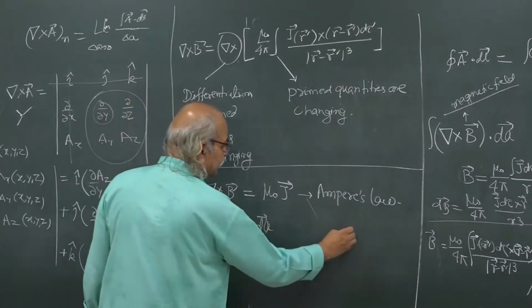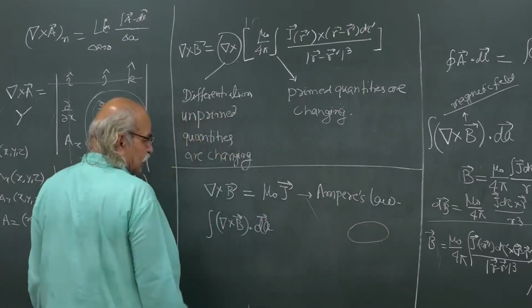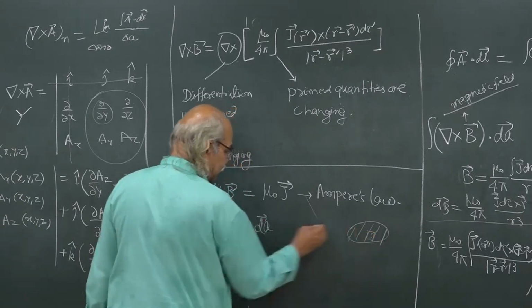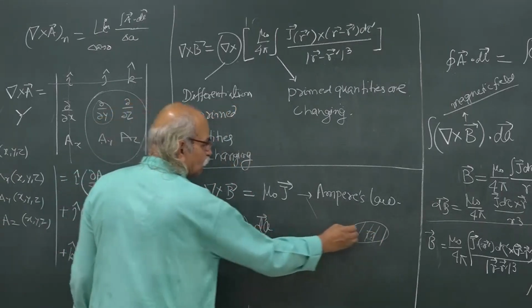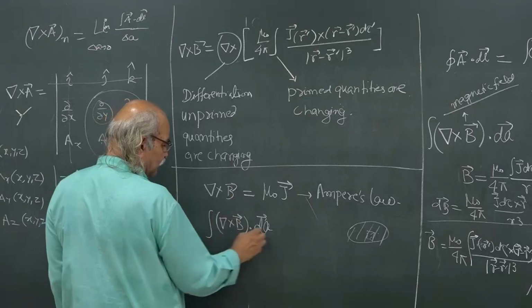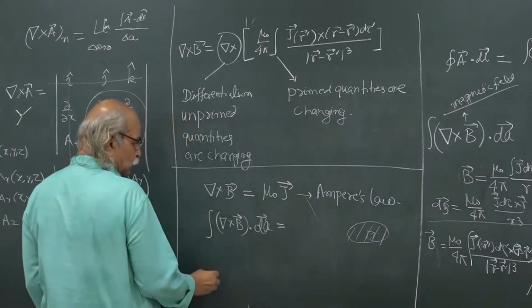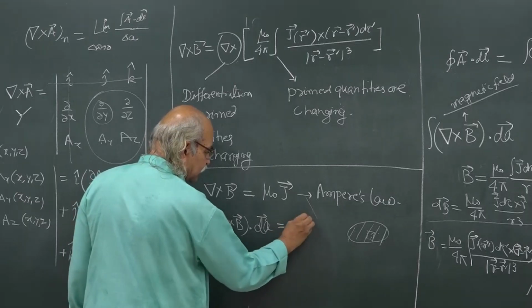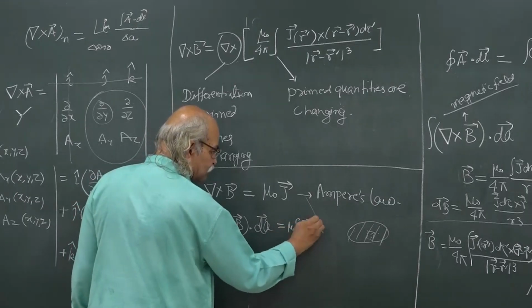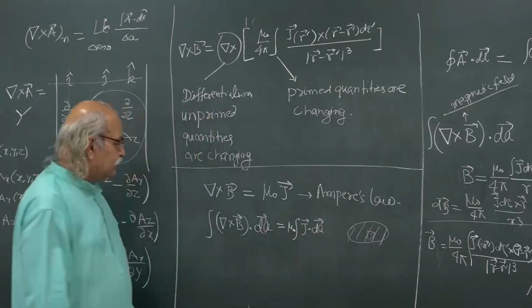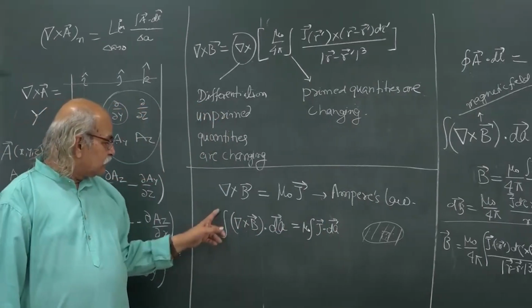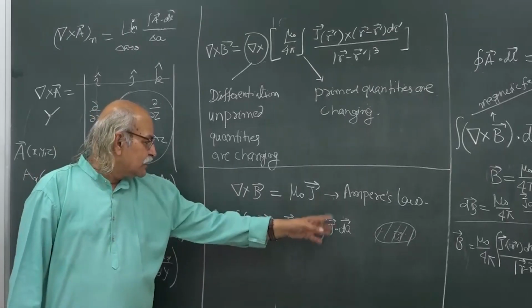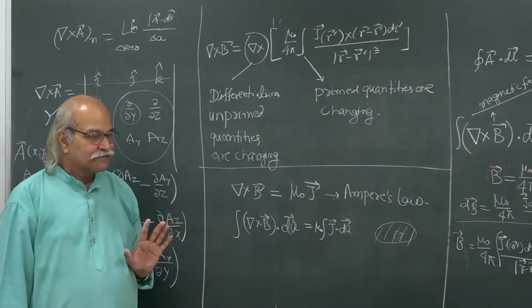Now you take any loop, and this is the area bounded, and in this area you have this dA. So, curl of B over this area will be equal to the integral of mu naught times j dot dA. Here I am not using anything, I am just putting the integral sign and dot dA on the left hand side and on the right hand side.